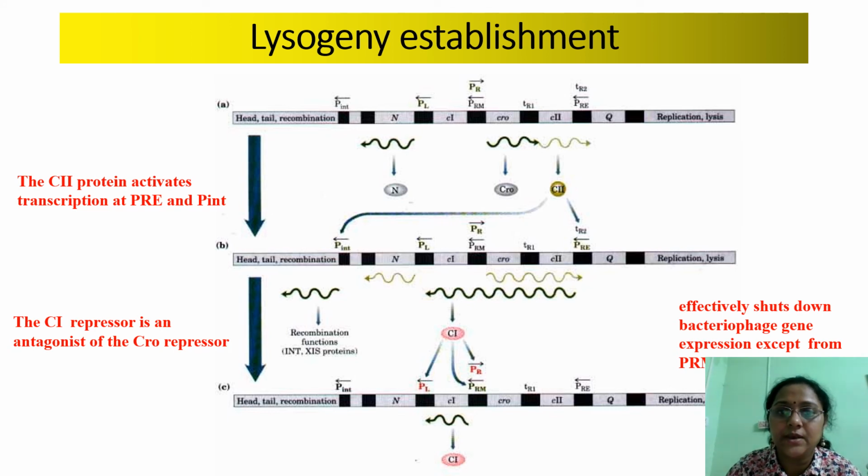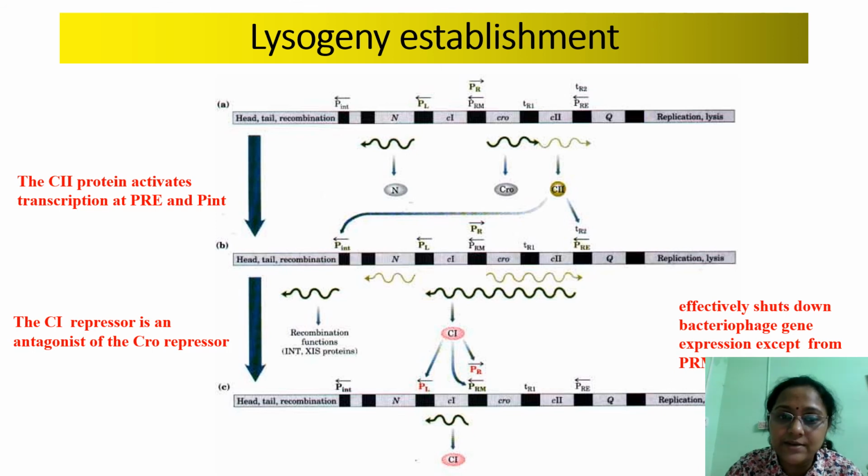Okay. So in the lysogeny establishment, we need two vital proteins, C1 and C2. The function of C2 is to activate transcription at two promoters. One is PINT, another is PRE. So the repressor will be established and the genes for recombination will be expressed.